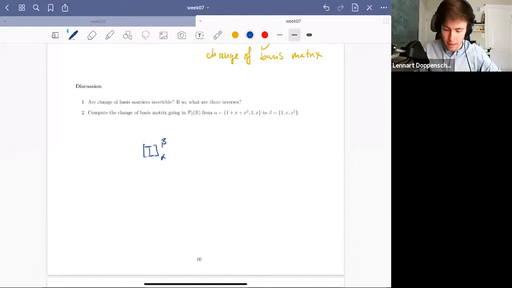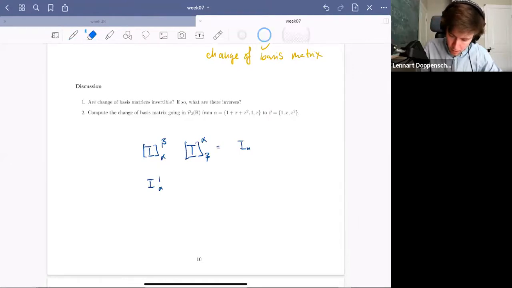Well, if you go from alpha to beta and then you go back from beta to alpha, then it should better not change anything, because if you go to the new basis and then go backwards, this is supposed to be the identity transformation, the identity matrix.